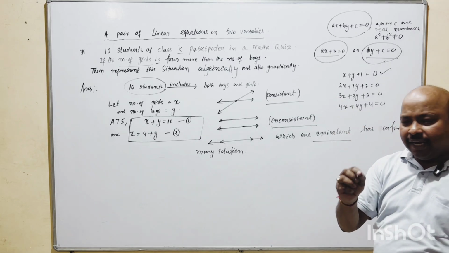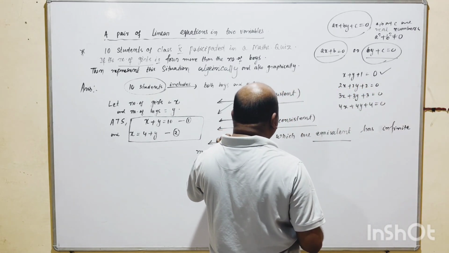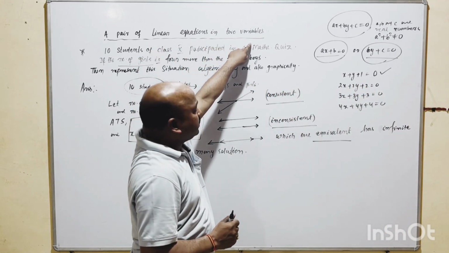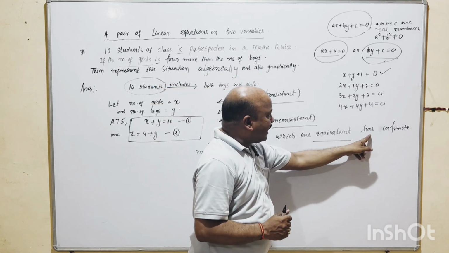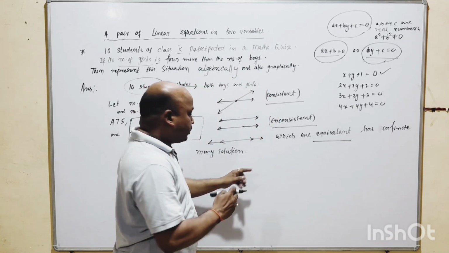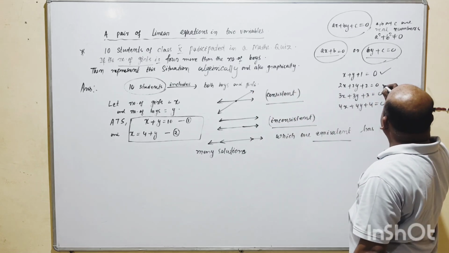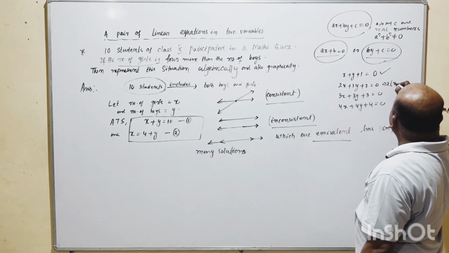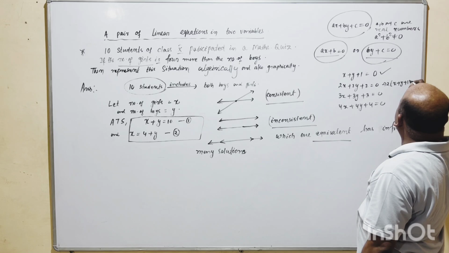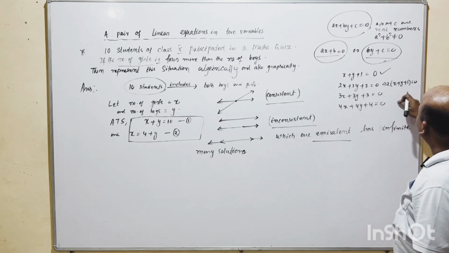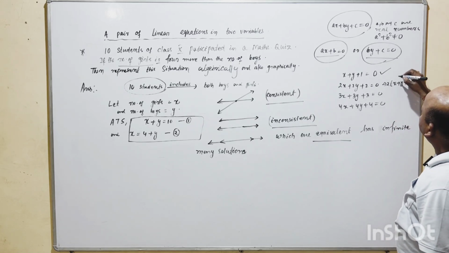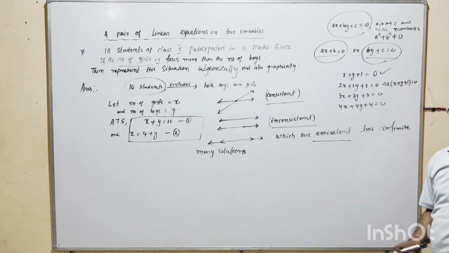So I am saying that a pair of linear equations in two variables which are equivalent has infinitely many solutions. So how are they equivalent? If I take 2 as common, it is x plus y plus 1, and if I divide the RHS by 2, we get x plus y plus 1 equal to 0.